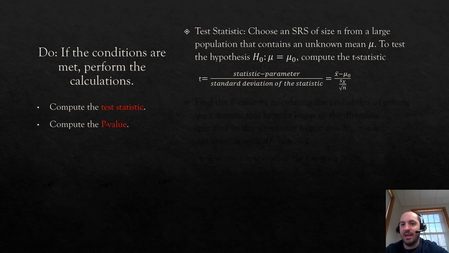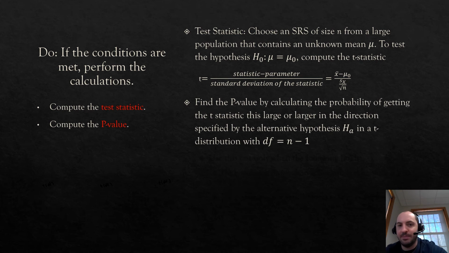So in this case, your sample mean minus our claimed mean in the null hypothesis, divided by the standard deviation, or you can think of it as a standard error, whatever you want to think of it as. We're using our sample standard deviation and the fact that our sample size is n.